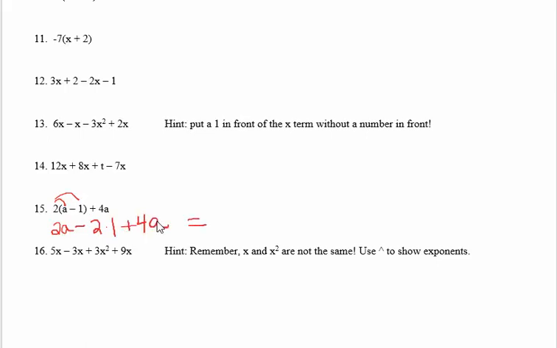So now I'm going to simplify. 2 times a is 2a, minus 2 times 1 is just minus 2, and then plus 4a. So now we just have a problem where we're looking for our like terms, and we have to combine our like terms. So we'd have 2a plus 4a is 6a, and then the minus 2 would just get written at the back.